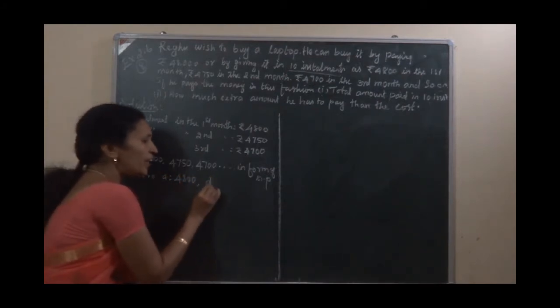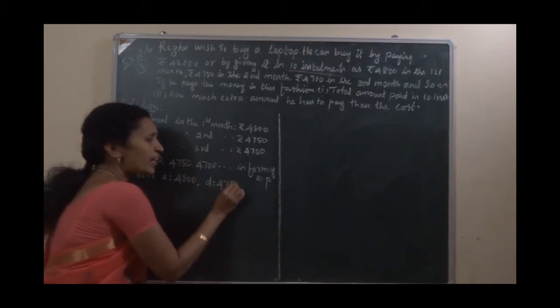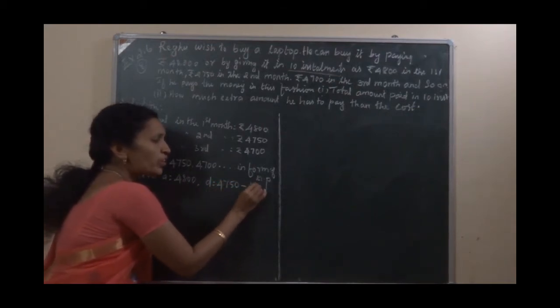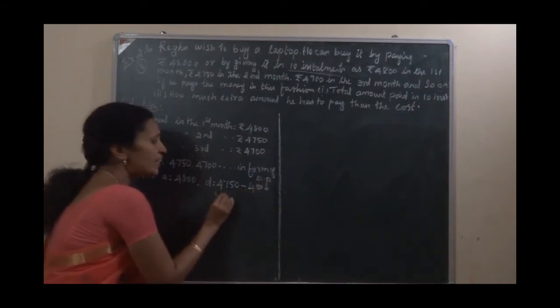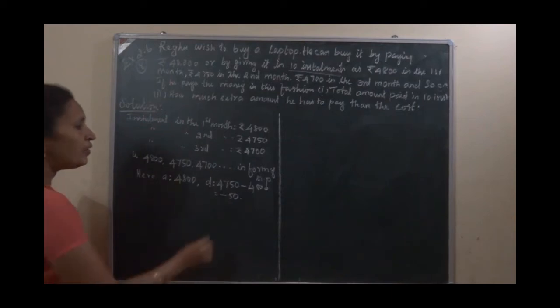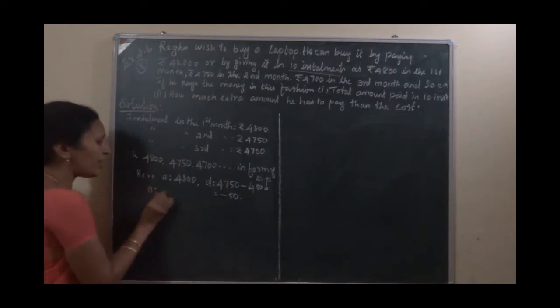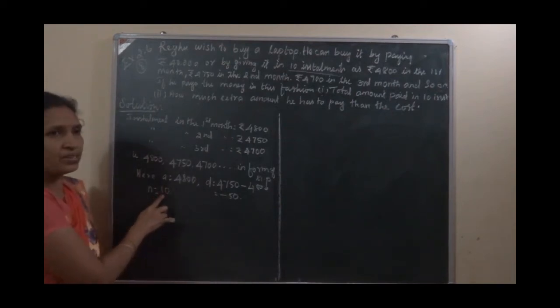What is the value of d? d is second term minus first term: 4,750 minus 4,800, so d is equal to minus 50. What is the value of n? n equal to 10, since 10 installments they asked.